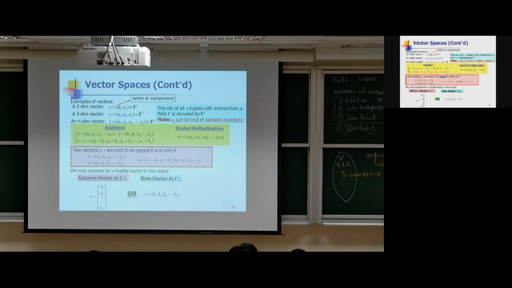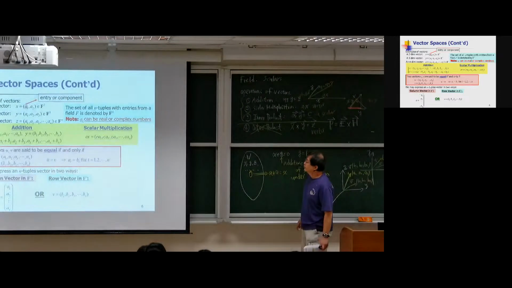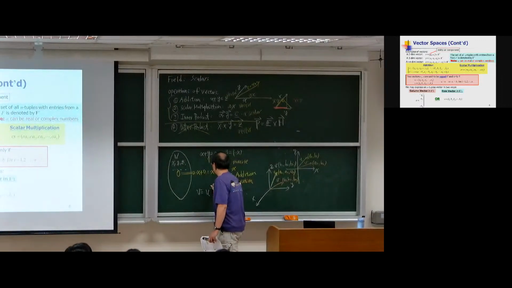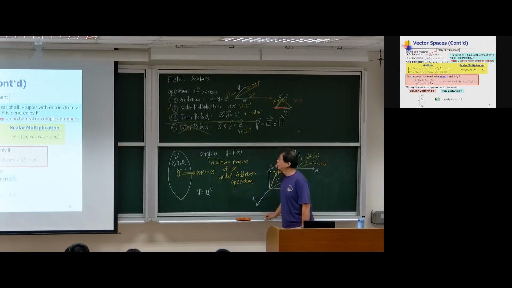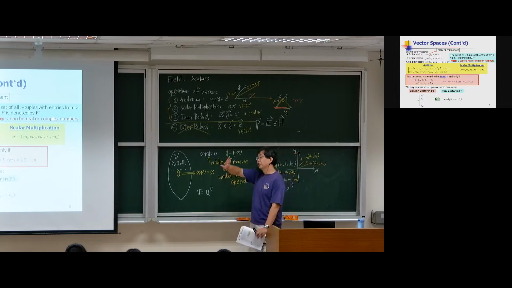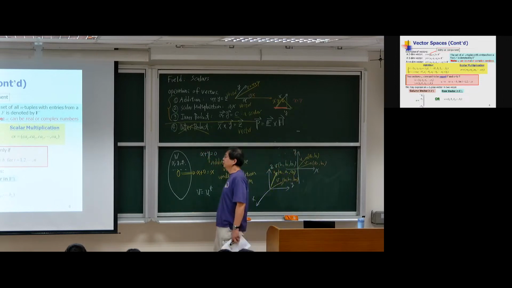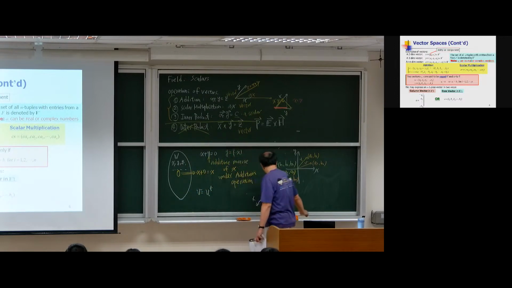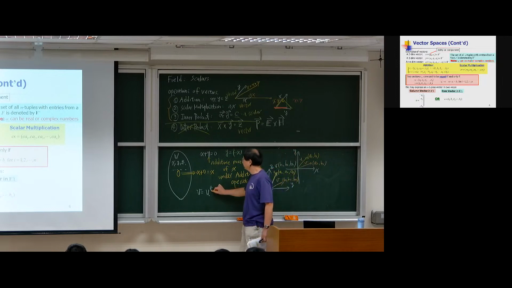In between these two vectors, we can say V equals the transpose of U. If we just rotate the direction of the vector from column to row, we denote it as U sup T. So this is the transpose of a vector.